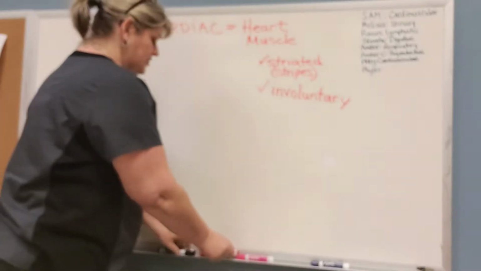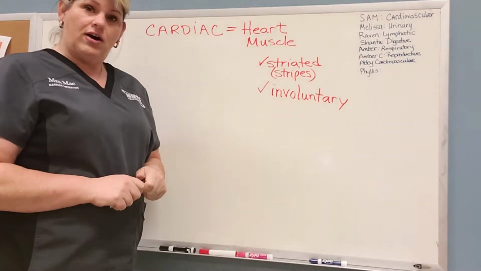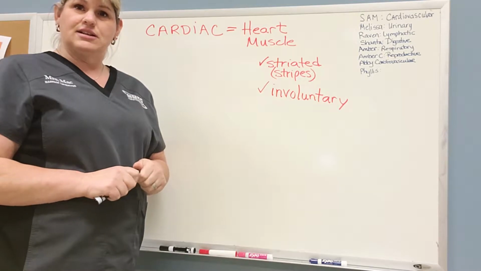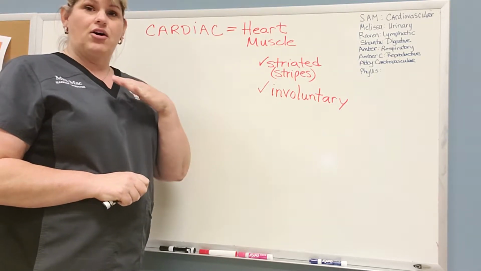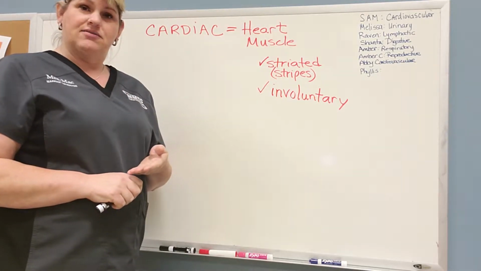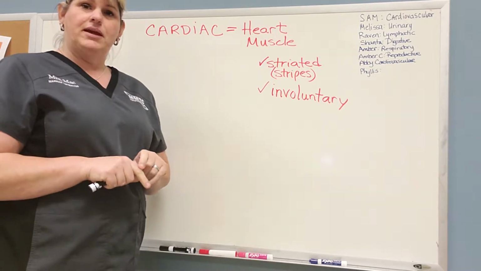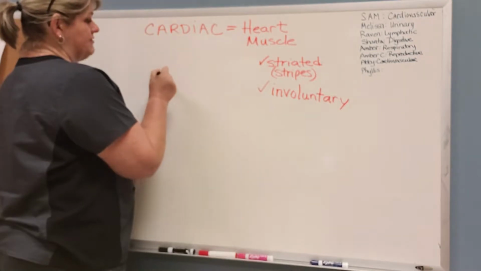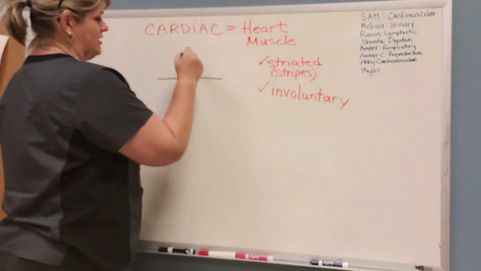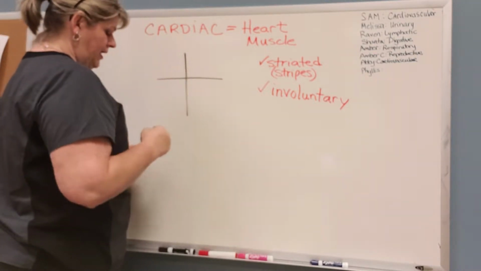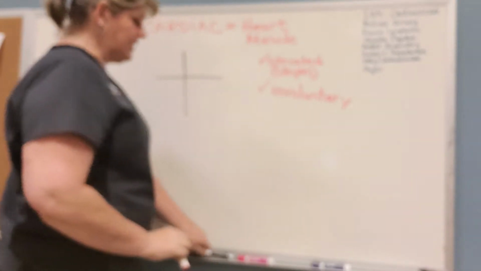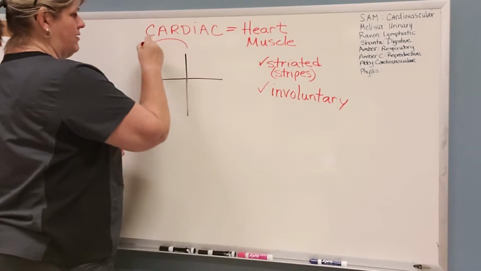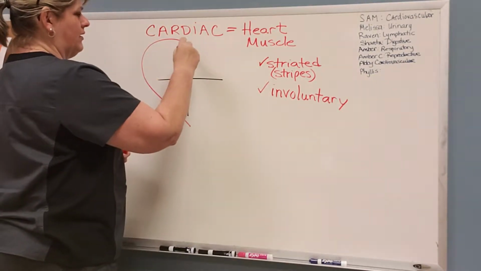All right, so we know that the heart sits towards the middle of the chest. It is slightly tilted to the left side, with the base of the heart being the top and the apex of the heart, or the point, being towards the bottom. Okay, but our heart is divided into sections. For our purposes, I'm going to demonstrate the heart as the shape of a heart that you know.